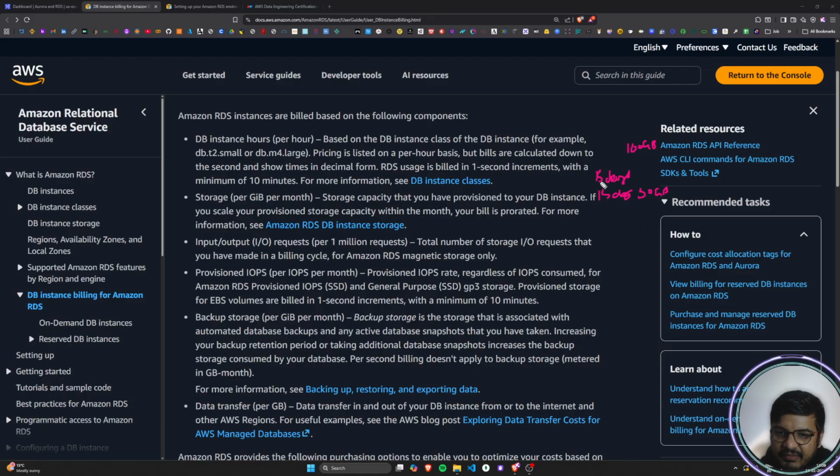For 15 days it will charge you for 100 GB, and for the next 15 days it will only charge you for 50 GB, even though it is per GB per month. It will charge you in this particular way.